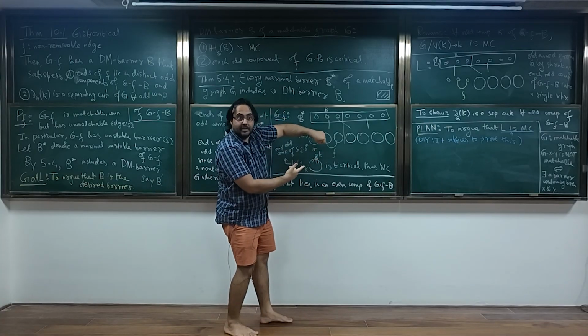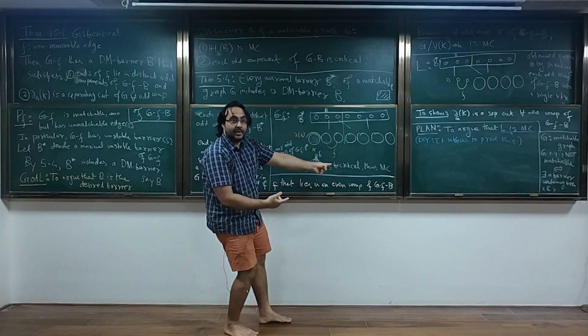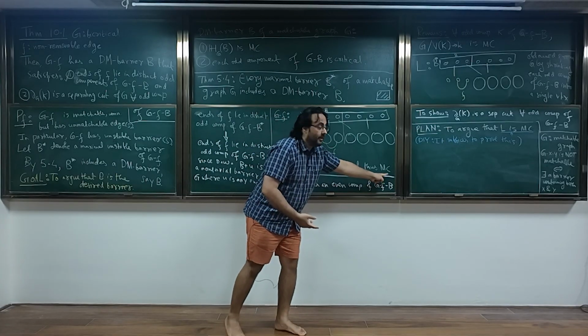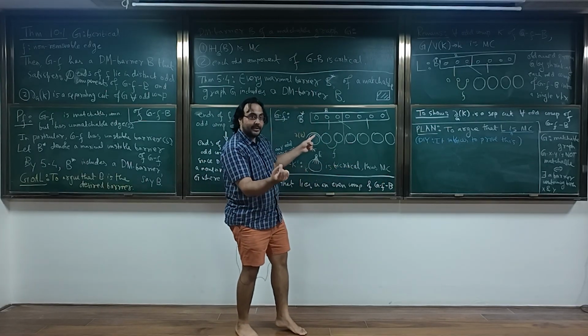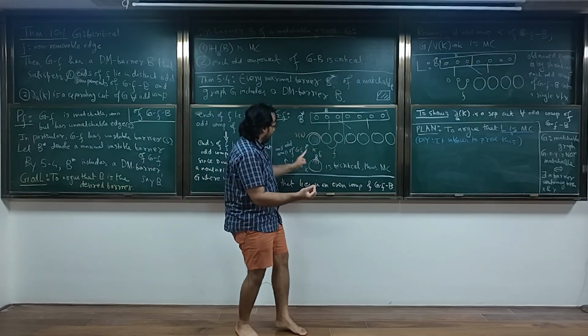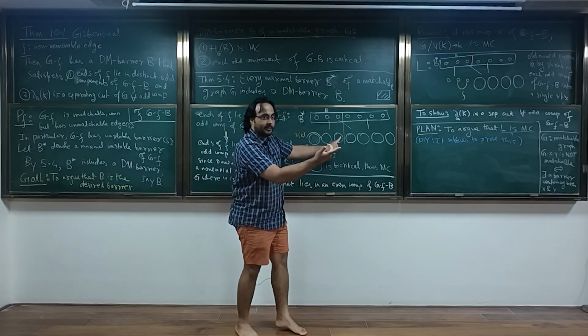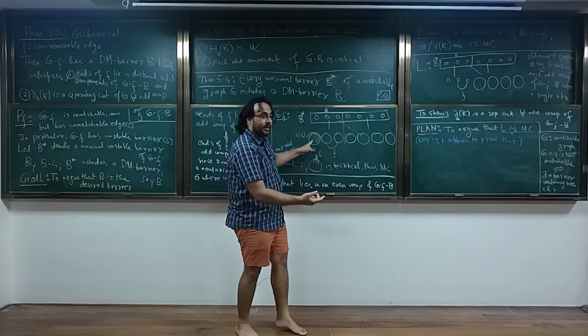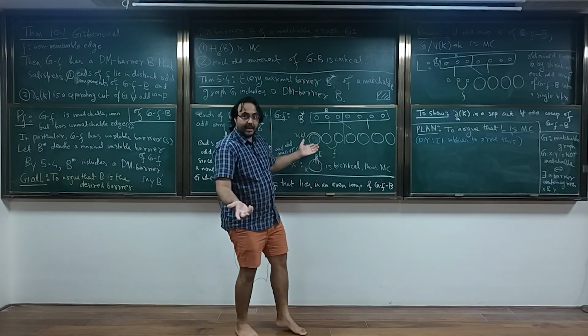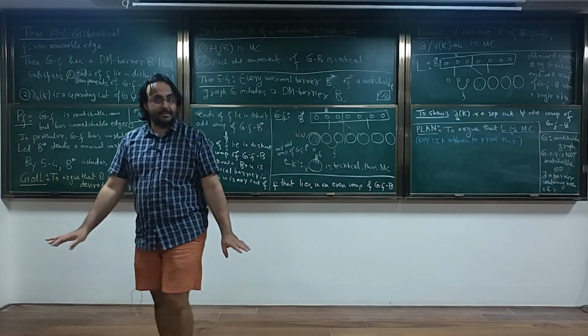K primes are matching covered. We already showed that. They are bicritical actually. In particular, they are matching covered. So I am just going from L, which is matching covered, splicing with a K prime and another K prime for the corresponding component. Then I can go to the graph I want. Splicing of two matching covered graphs is a matching covered graph.